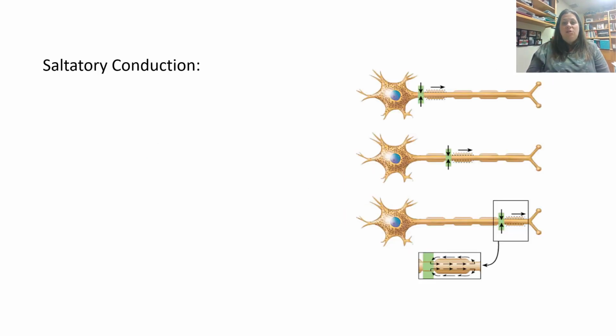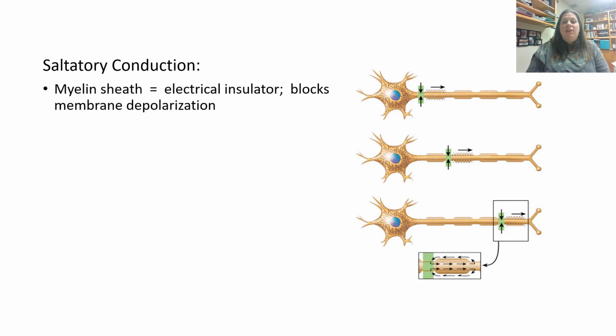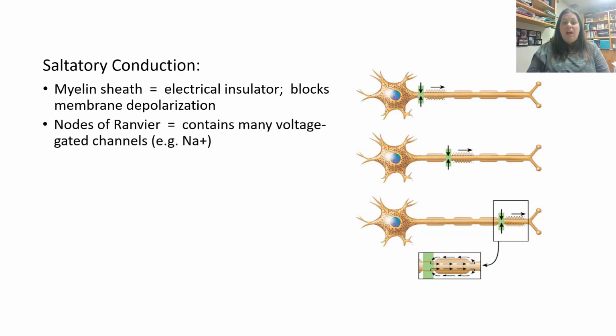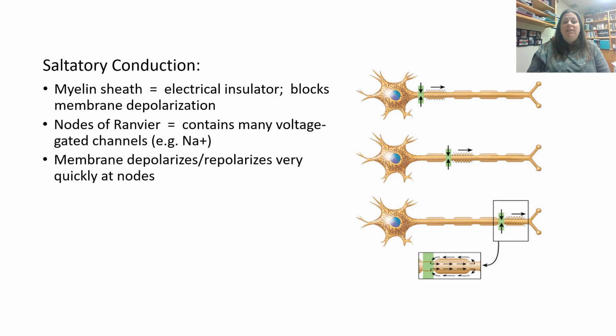So let's take a look at the saltatory conduction a little bit closer. There is the myelin sheath that's present. Remember, this is an electrical insulator, so it blocks membrane depolarization. The nodes of Ranvier are going to contain many voltage gated channels, especially those sodium gated channels. We see that the membrane depolarizes and repolarizes very quickly at these nodes in between the myelinated groups.